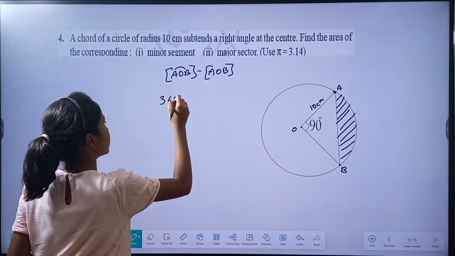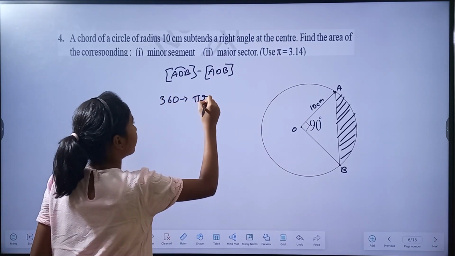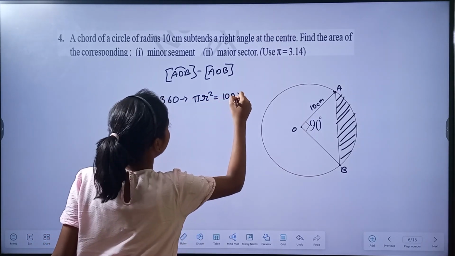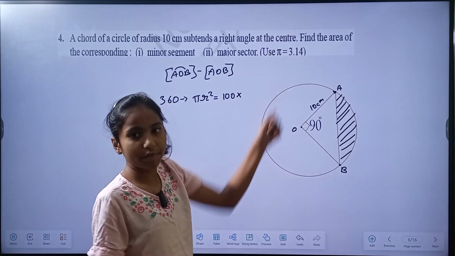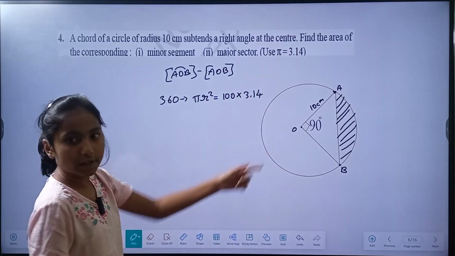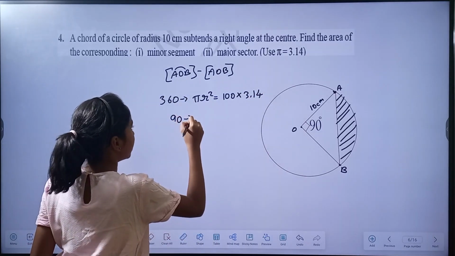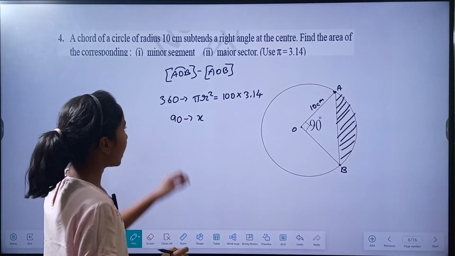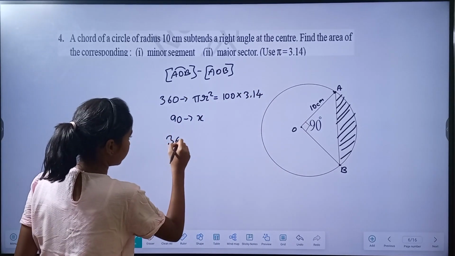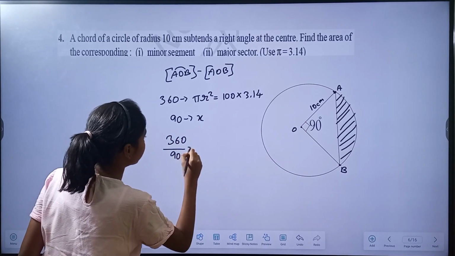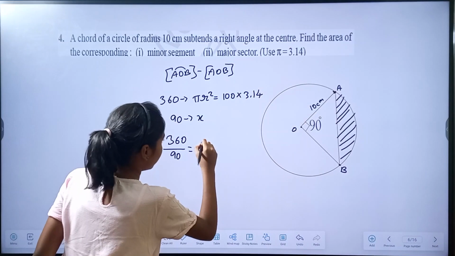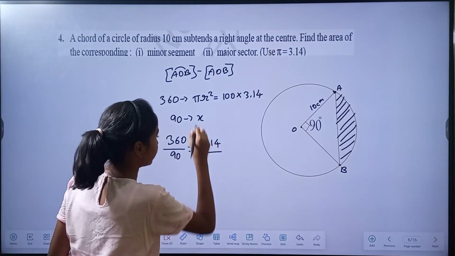For 360 degrees, we have pi r square, which is 10 square, which is 100 into pi. They have given to use 3.14, so that is 314 centimeter square. For 90 degrees it will be x. As these two are directly proportional, we write the ratios: 360 by 90 equals 314 divided by x.